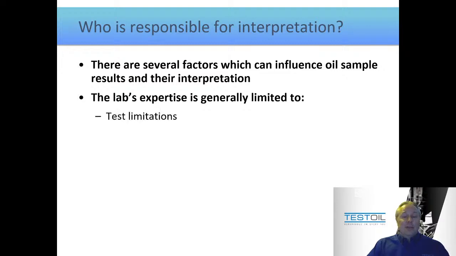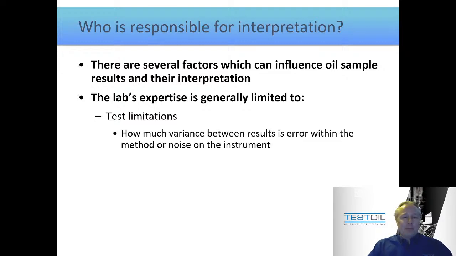Now, one of the things they know quite well is test limitations, right? They know how far a test can go in terms of how much material it can actually analyze, what size of material, how small, how large it can go. They know the repeatability, the reproducibility. They know the errors on the instruments. They know what real changes look like. So they have an idea what numbers are supposed to look like. They have an idea when they don't look right.